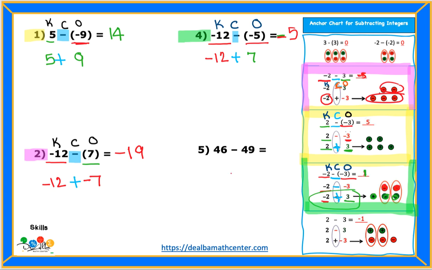Question number 5, we have a positive number. Then we have subtraction. And then we have another positive right here. And that should be the example on the bottom, right? Okay, so for this one, I'm going to use red.